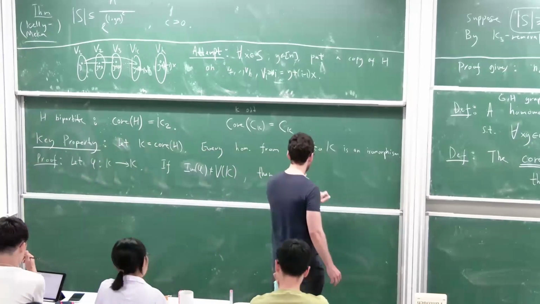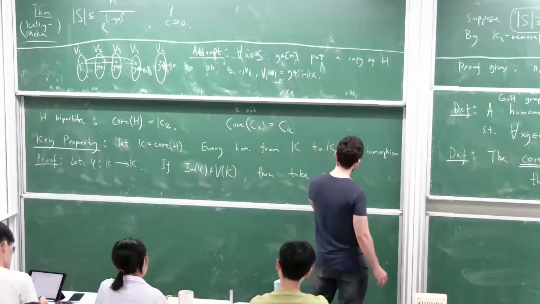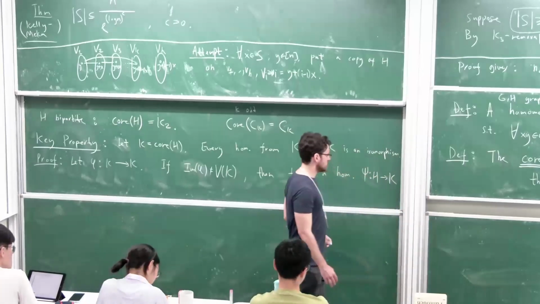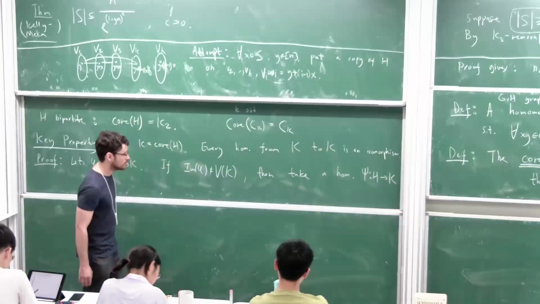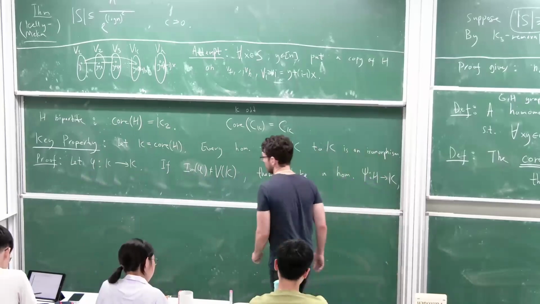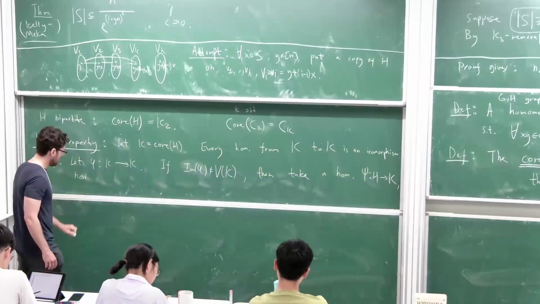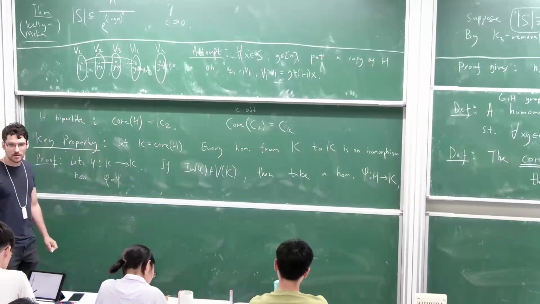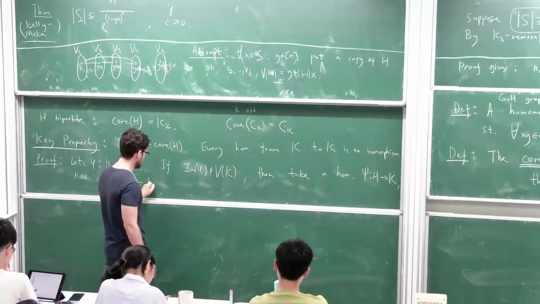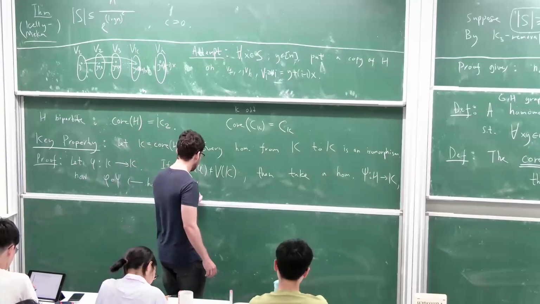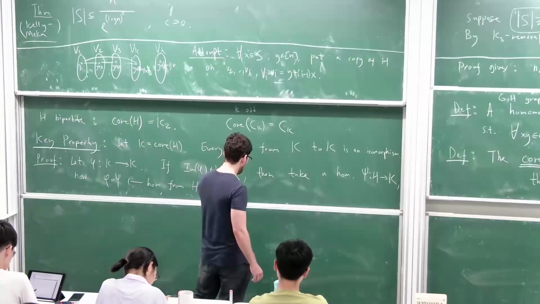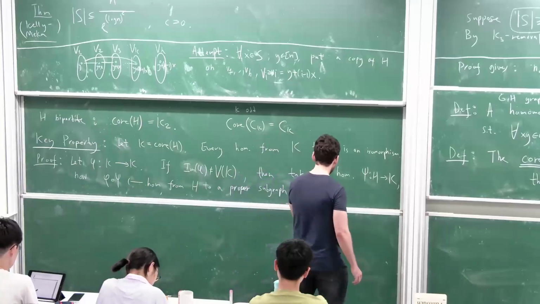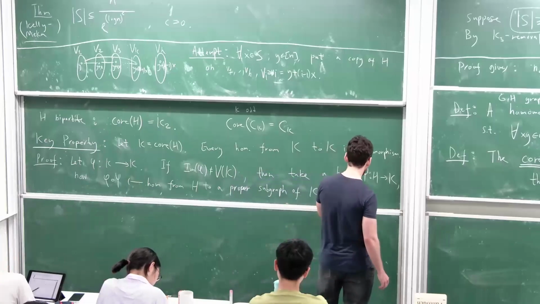Take a homomorphism, call it psi, from H to K. So we know that there is a homomorphism from H to K. Now, if I take psi and then I apply phi on it, then this is a homomorphism from H to a proper subgraph of K. And this is in contradiction to the minimality.